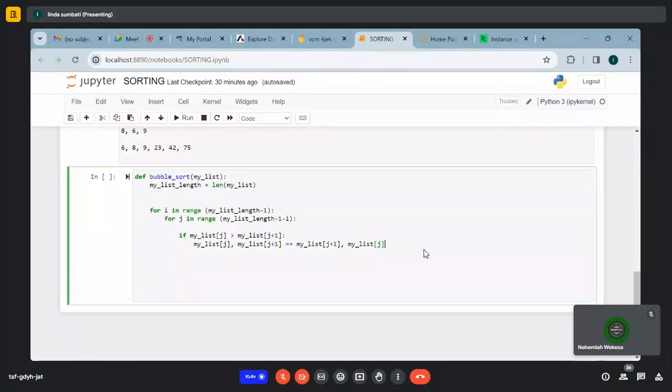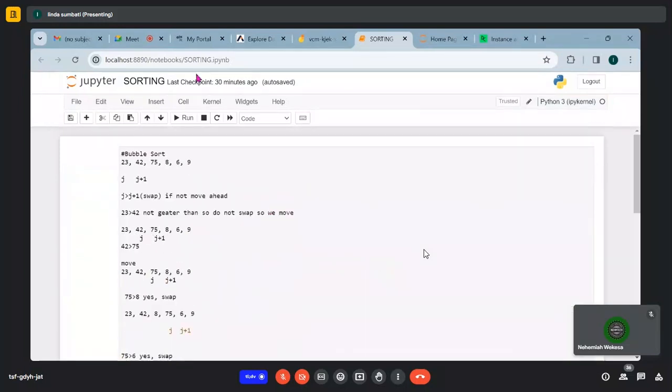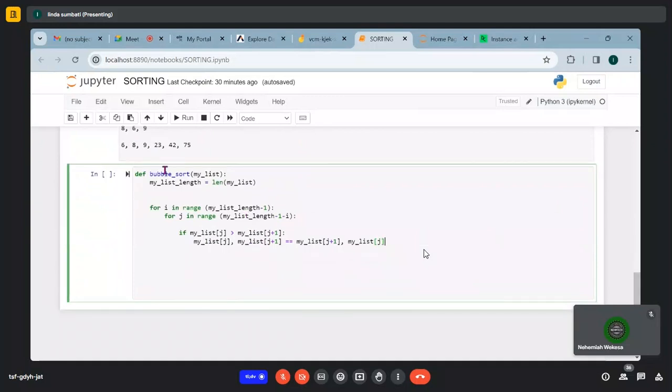Okay, so basically, you've defined the function already, and placed the argument my list. Here we looked at the length of the list because we want to iterate through the range of that list, going through the entire list up to the last element.